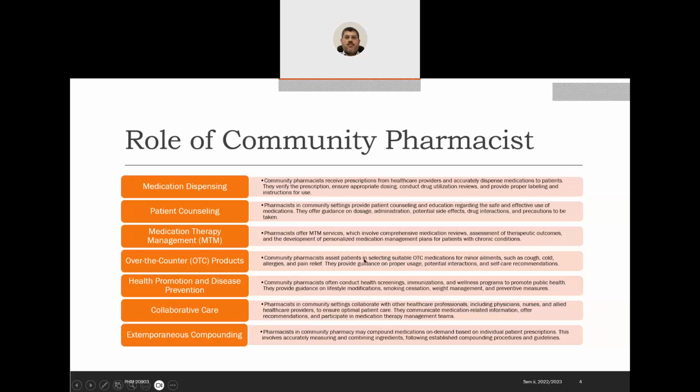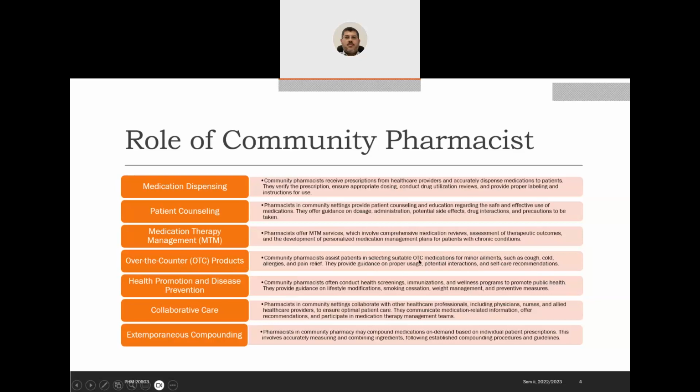They also assist patients in selecting suitable OTC medications for minor ailments such as cough, cold, allergies, pain relief, and they provide guidance on the proper usage, potential interactions, and self-care recommendations as well. And as we know, these OTC products, as we mentioned, they are non-prescription medications.